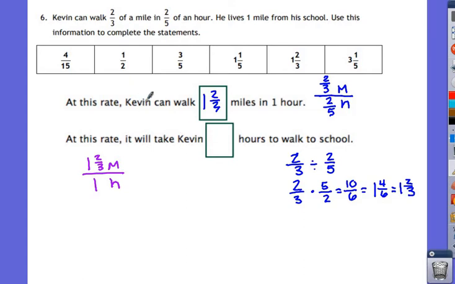I gotta find a scale factor. So I'm gonna rewrite this first. I don't like seeing it written as a mix, so I'm gonna change that to improper. 3 times 1 is 3, plus 2 is 5. So 5/3 divided by 1, but I need 1 written as a fraction. So I'm just going to go 3 over 3. We agree that still represents 1. I just use 3 because that's what this denominator is.